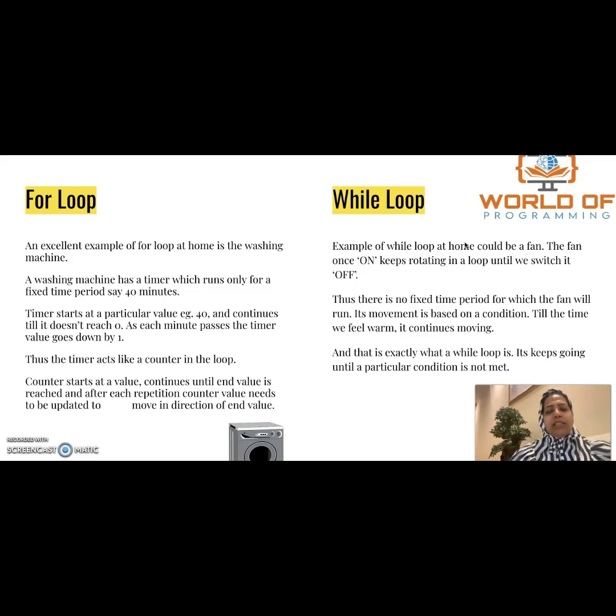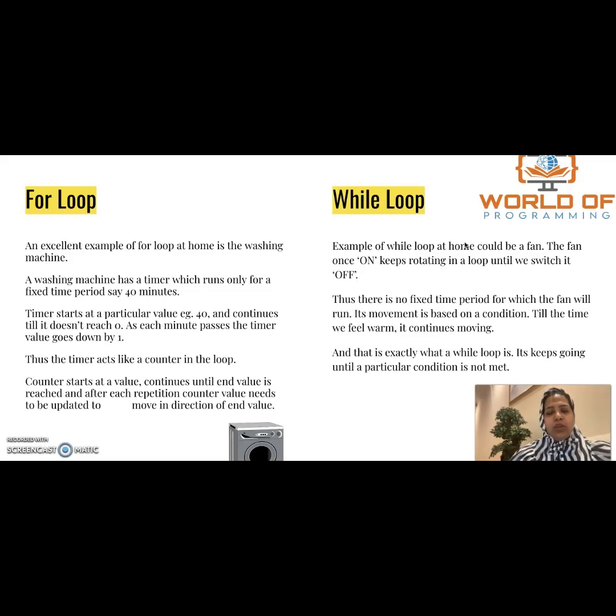So the timer starts at that value, and then as each minute passes, you will see that the timer value keeps reducing until it reaches 0 when the machine will stop. So it has a definite start, it has a definite end, and with each passing minute, the timer moves towards the stopping condition.